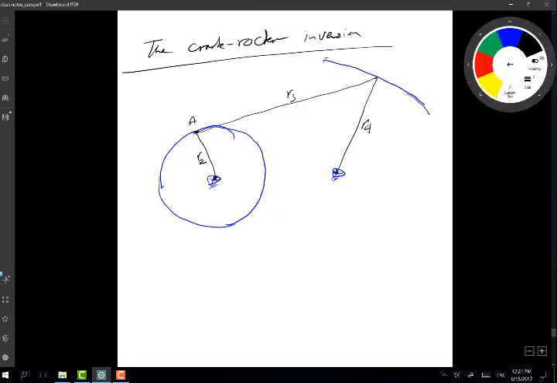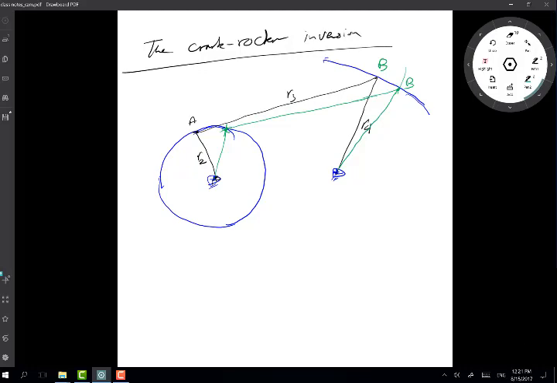So let's get another color here. If it moved to another position, and we did look at something like that before, with the length R3, I draw a circular arc over here, with this being the center, and this will give me the new position of point B. So this will be new B, and if I connect the two points here, I get the new configuration of my linkage as this point moves from here to there.